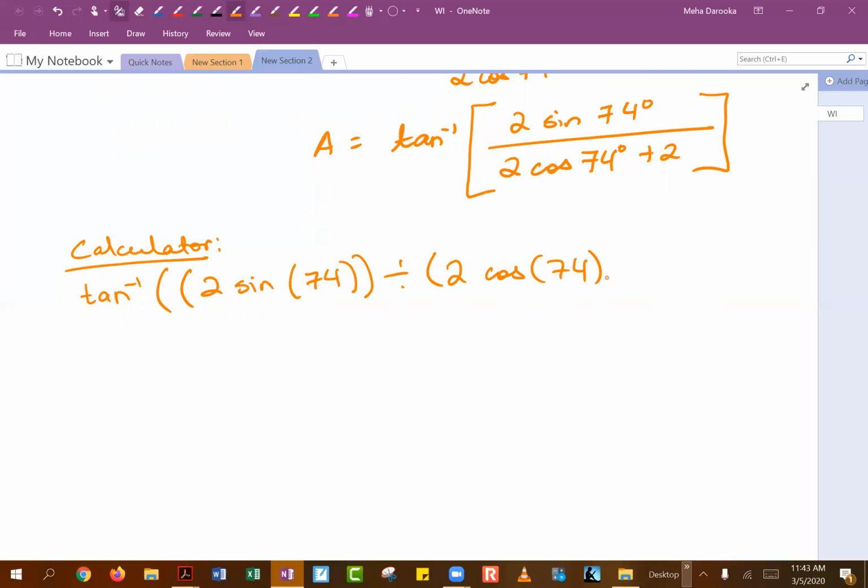I'm going to try and see if this works. I'm not sure if it will. Plus 2.